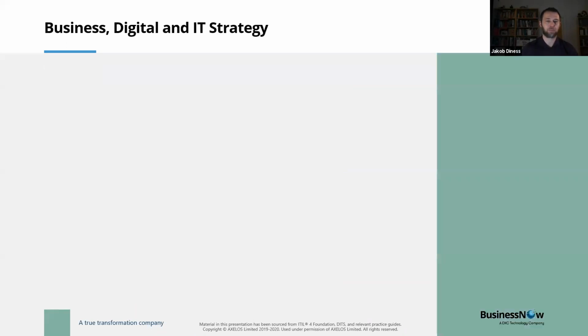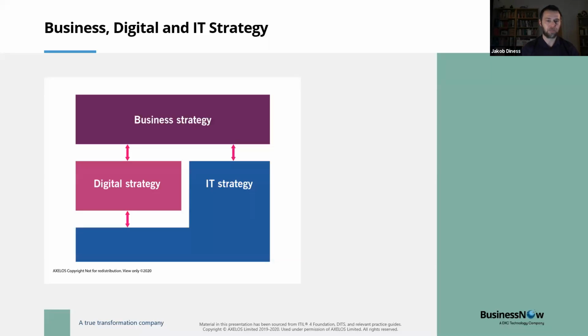Okay. Next, the business, digital and IT strategy. I really like this way to look at the business, digital and IT strategy. And for me, that's what the whole book is about. How do you position the digital strategy?